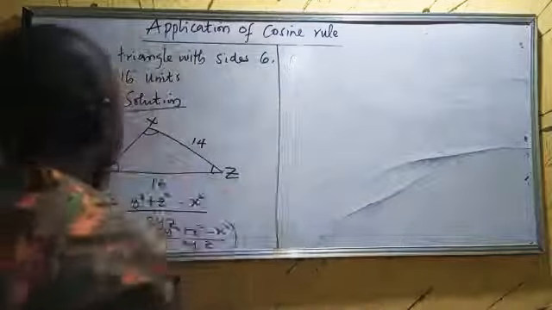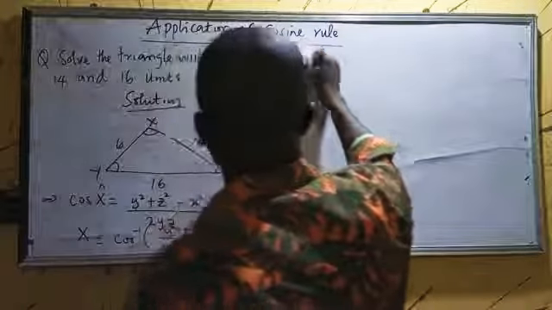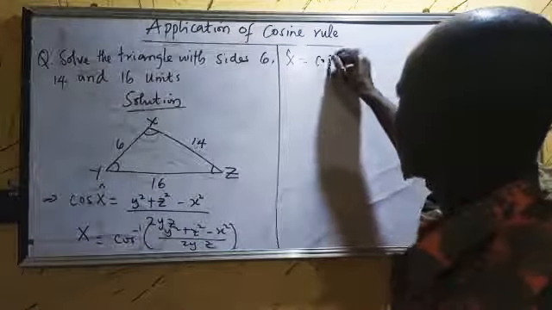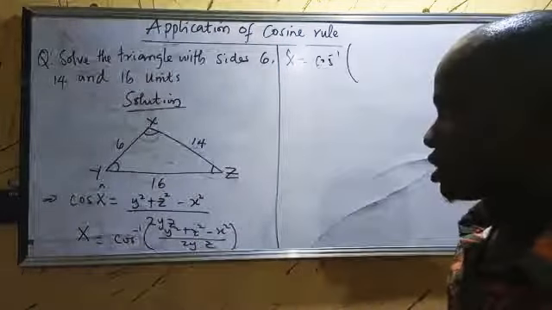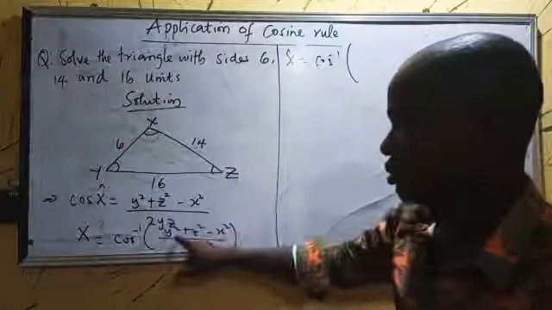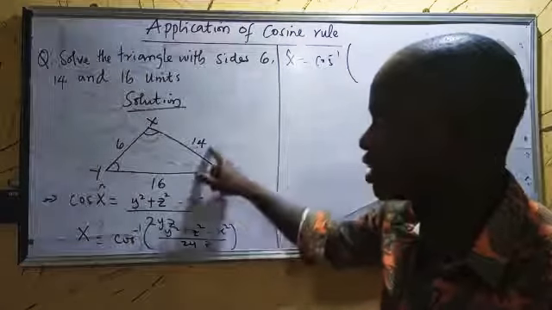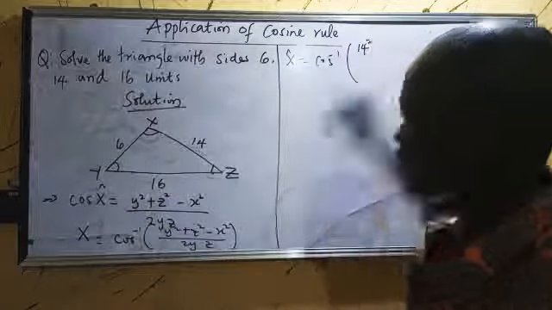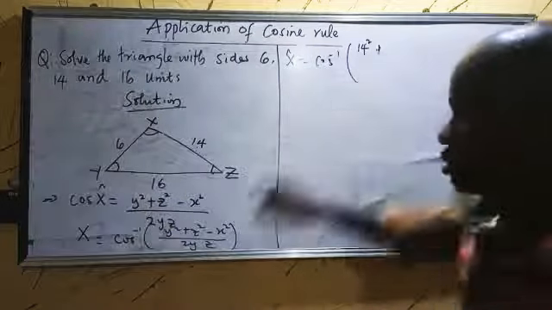So this angle x will be cos inverse of, what is my x and what is my y? My y is 14, so we have 14 squared plus, what is my z?